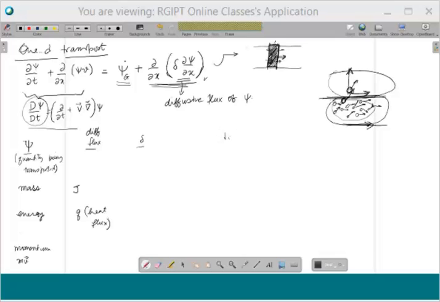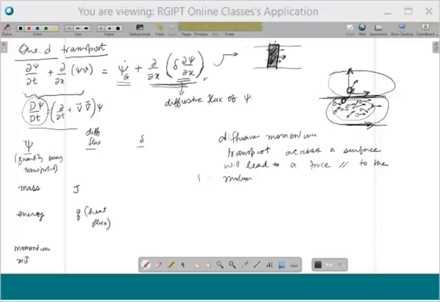Momentum crossing a surface will lead to a force parallel to the convective motion.